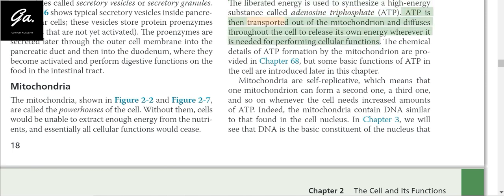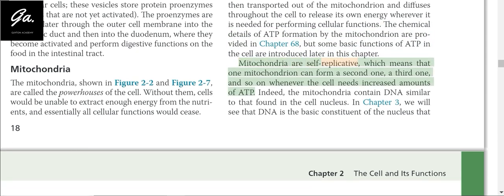ATP is then transported out of the mitochondrion and diffuses throughout the cell to release its own energy wherever it is needed for performing cellular functions. The chemical details of ATP formation by the mitochondrion are provided in Chapter 68, but some basic functions of ATP in the cell are introduced later in this chapter.